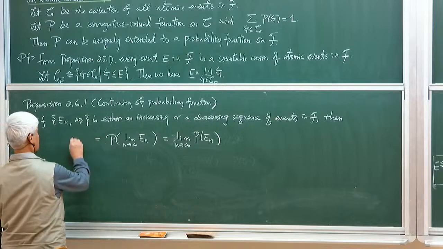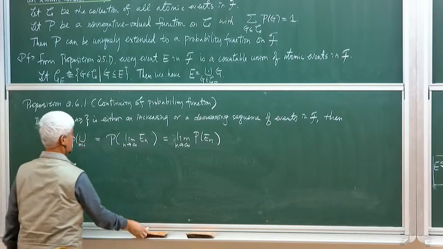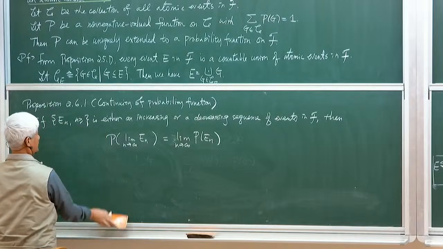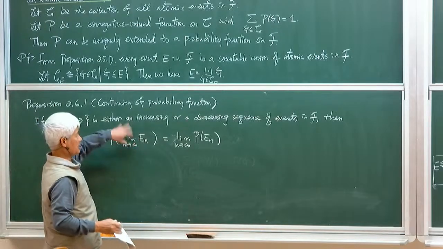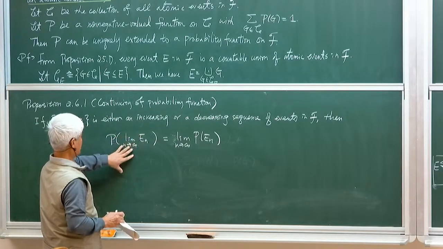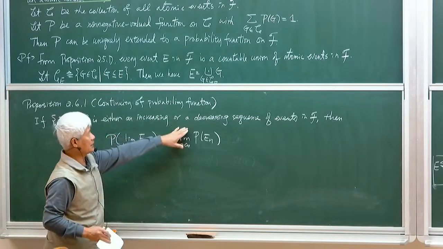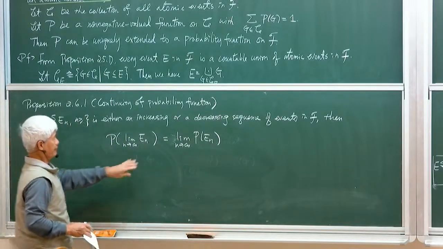It depends: if it's increasing, then the limit is just the union. And if En is decreasing, then the limit of En would be the intersection of all En.